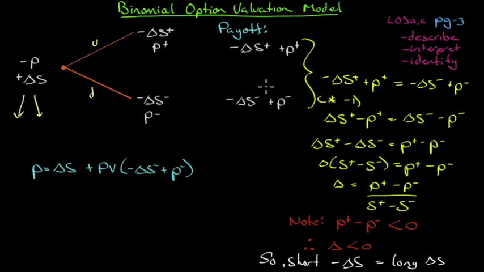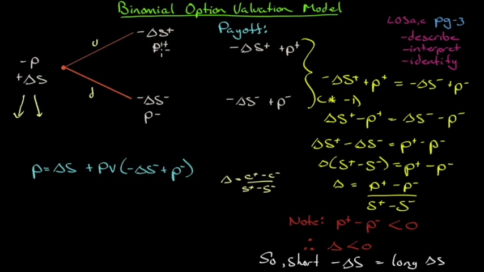We'll go through it, but we're going to jump over it for now, and let's just go to delta. Remember when we did delta for the call, it was delta equals C plus minus C minus over S plus minus S minus. Well, it turns out for the put, you do the same thing: P plus minus P minus over S plus minus S minus. But for the call, C plus would always be greater than C minus.